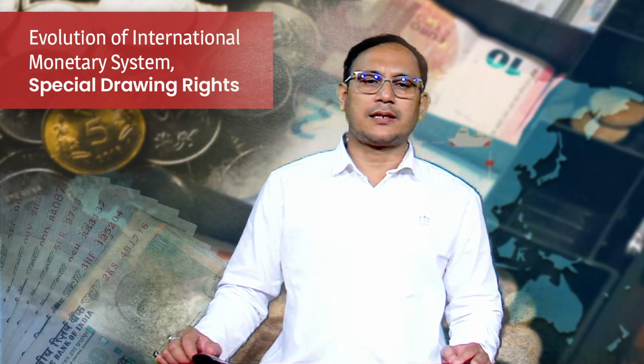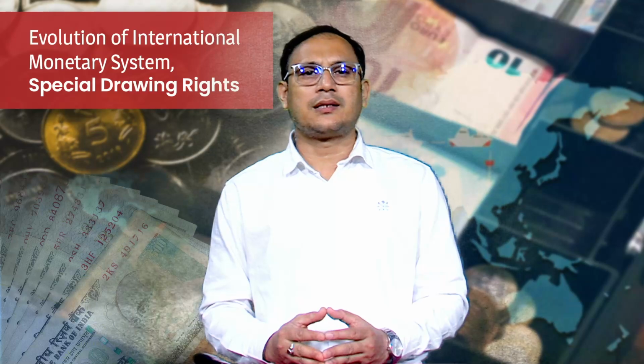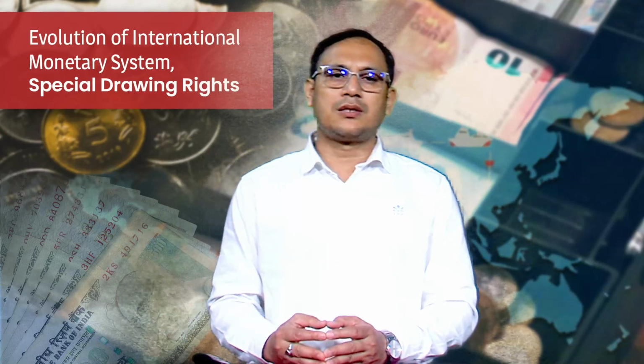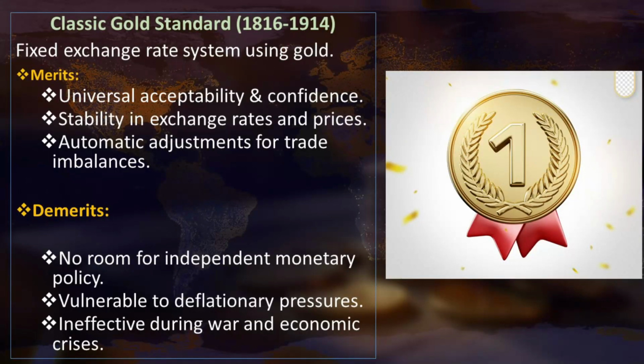Although it has certain merits, and that is why it was accepted globally by most countries, it also has certain demerits. The first demerit of the gold standard is limited monetary policy, because it has no flexibility to address internal monetary issues.